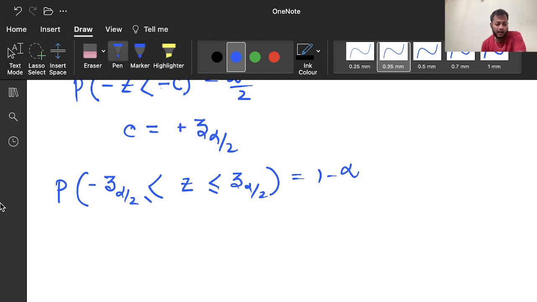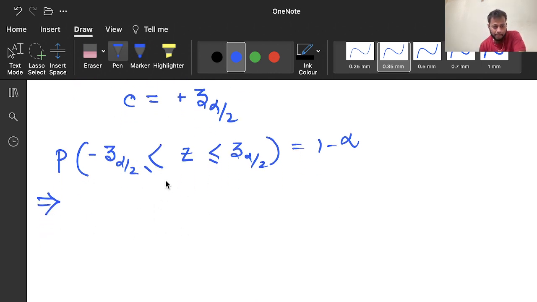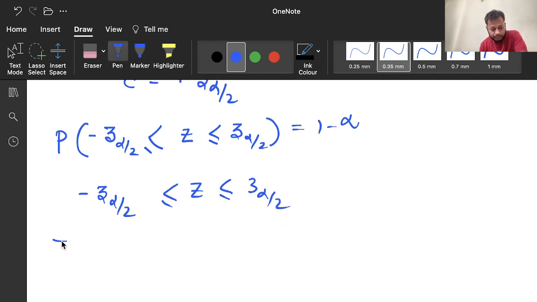That I will now calculate. So this means minus z alpha by 2 less than Z less than z alpha by 2.